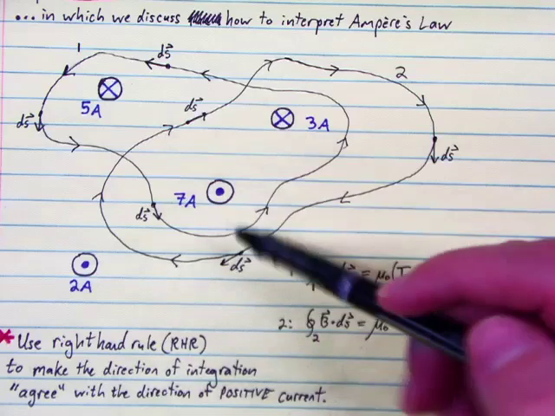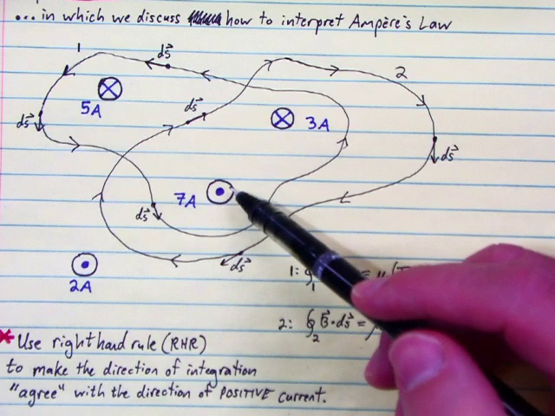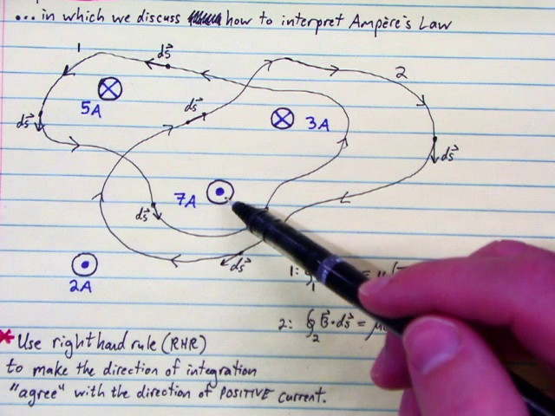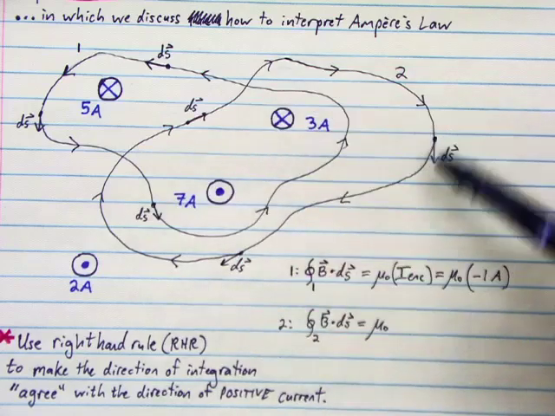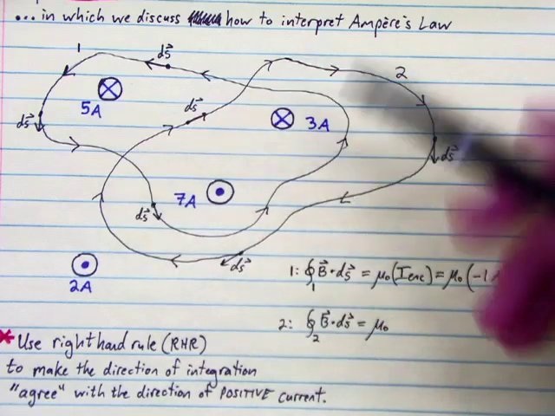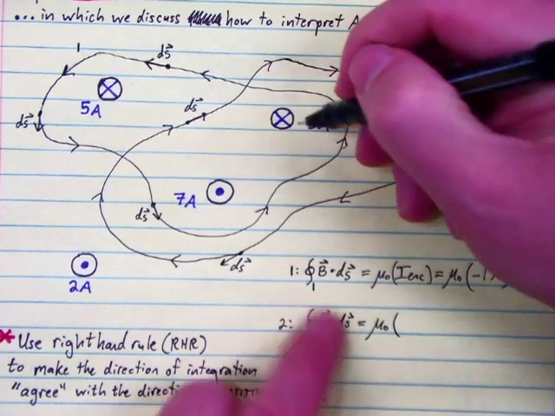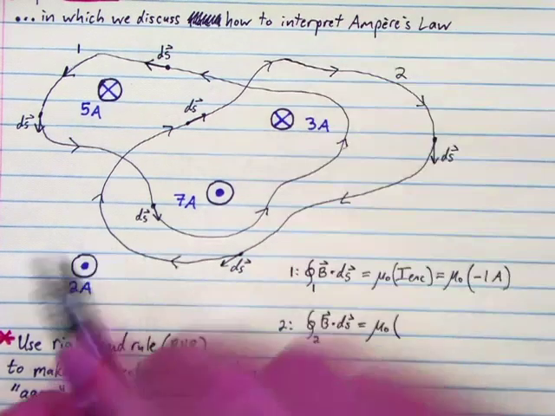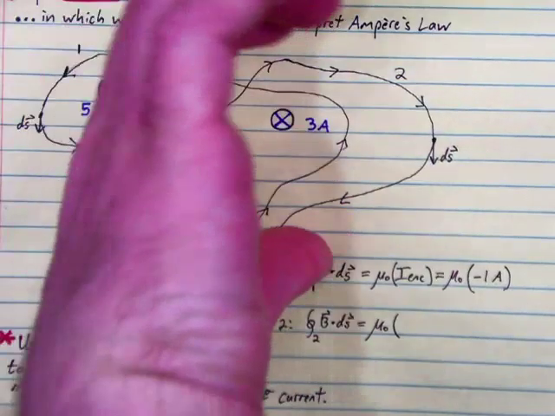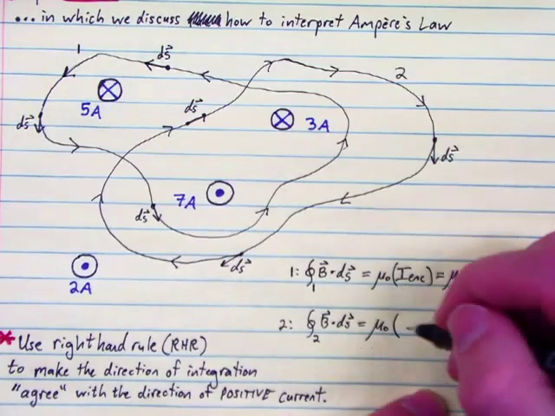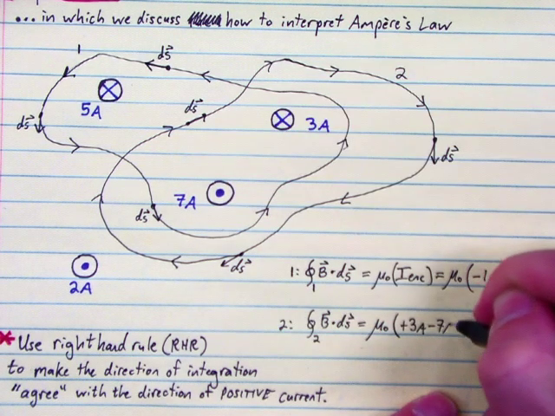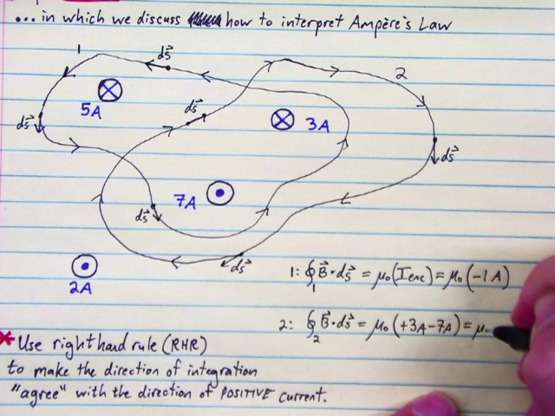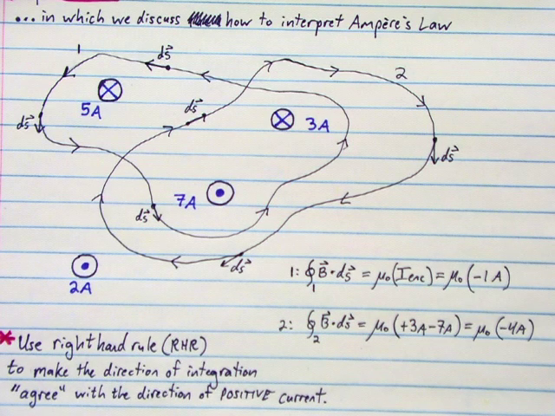This wire, carrying current out of the page, will be a negative 7 amps. These two wires are not being enclosed by this particular path, so they don't contribute. So our current enclosed here is positive 3 amps and negative 7 amps, so our current enclosed is negative 4 amps by that path.